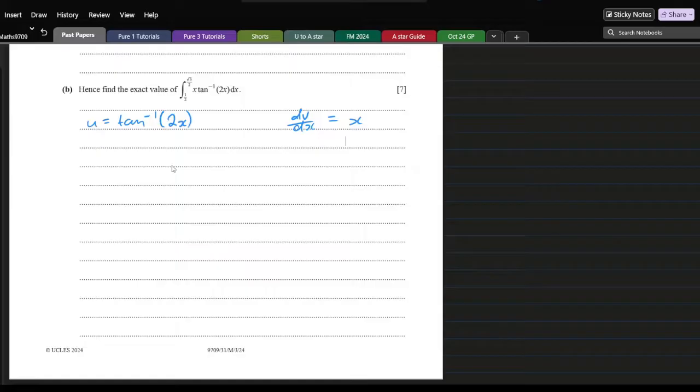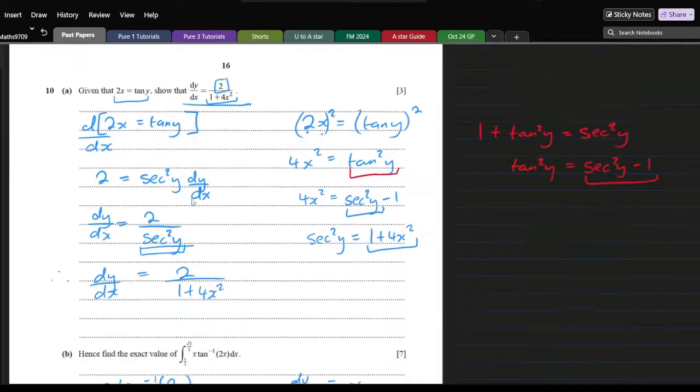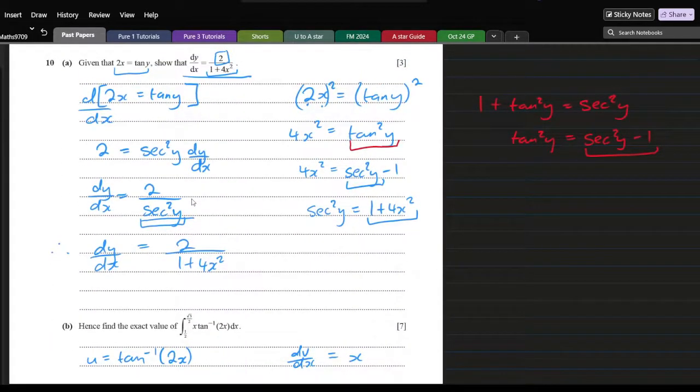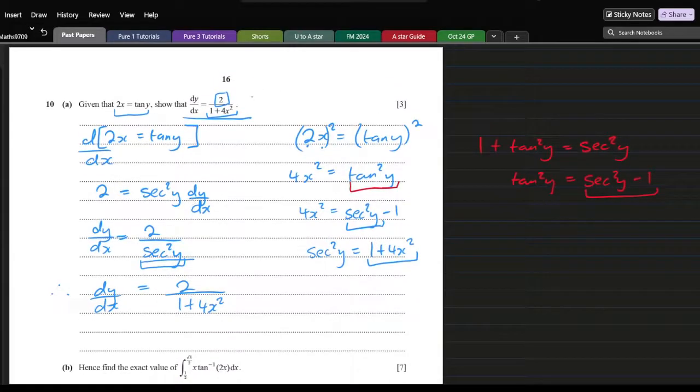Now if we go back to our part A, we're given that 2x is equal to tan y. Notice how I can easily rewrite 2x is equal to tan y as y is equal to arctan of 2x. If you apply arctan to both sides, this can be written as y is equal to arctan 2x. And we know that 2x equals tan y leads to our dy/dx being equal to 2 over 1 plus 4x squared.